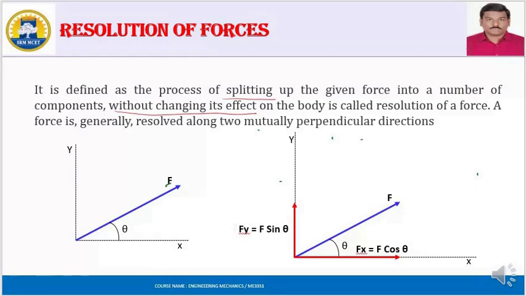In some questions, they can give the angle from the y-axis, not from the x-axis. At that time you can take this triangle with theta. The formula is the same.